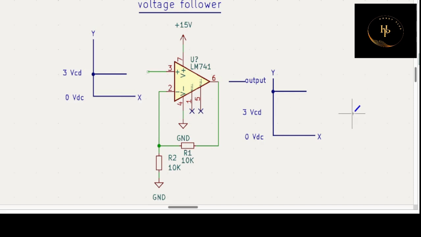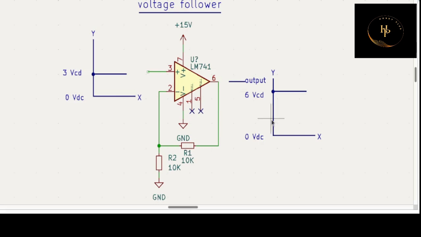You can amplify your voltage or signal by this circuit. Six volt, right? I just delete this. That is the voltage amplifier. We can make a voltage amplifier something like that.